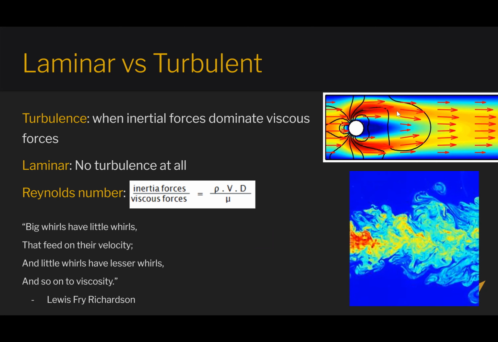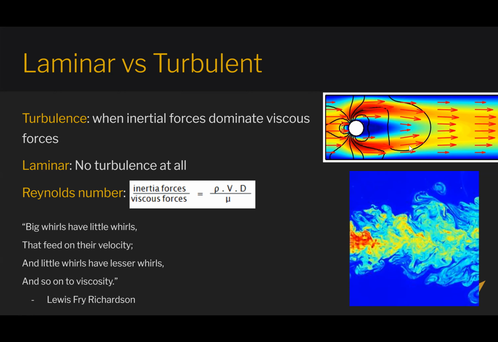Flow around some sort of ball is completely uniform, doesn't change too much, not a whole lot of chaos, I guess you could say. And then turbulent flow is when you get these swirls, where you get these eddies. It's very disruptive and there's not a whole lot of uniformity to it.